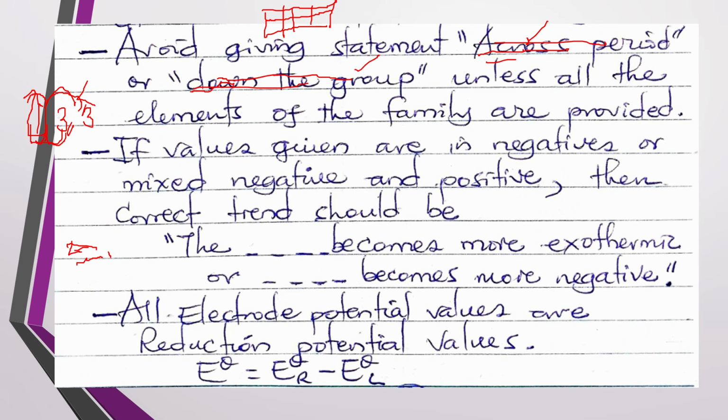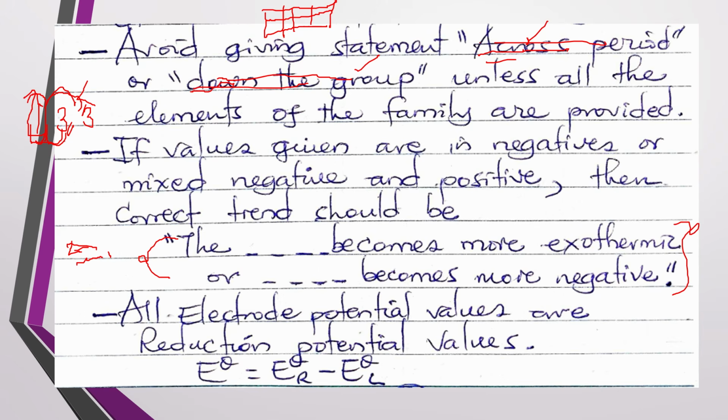Completely avoid that. The next thing is, if the values given are negatives or they are mixed, negatives and positives, then the correct trend should be... This one is a bit logical, but I think I'll explain it to my students in person.